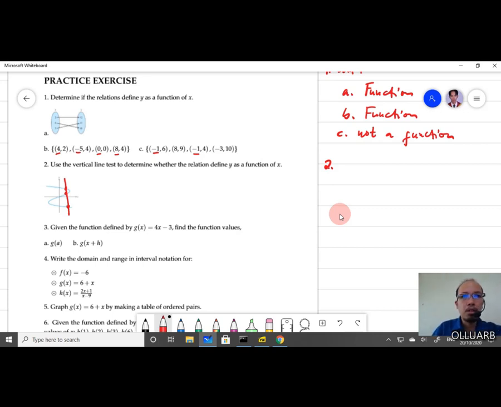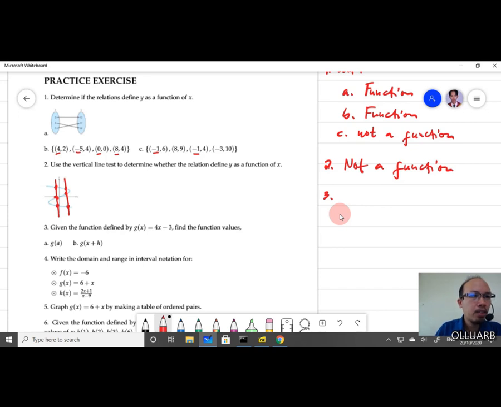So number 2 is not a function. If you draw a vertical line, it touches the line more than once, so meaning to say this is not a function.